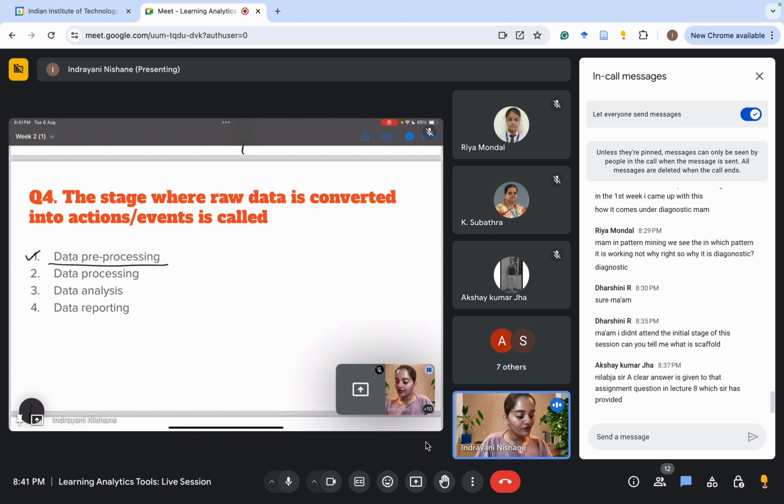There are different ways of analysis and different tools available for analysis, and every analysis tool requires data in a particular format. So once we have done the data cleansing and generated actions and events, we need to get that data in the format required for a particular tool. That will be part of data post-processing.